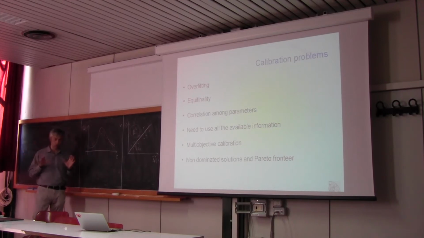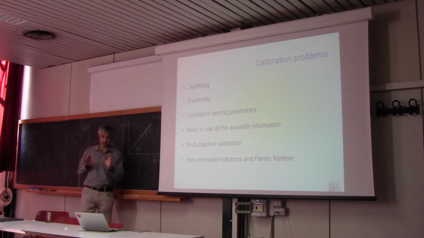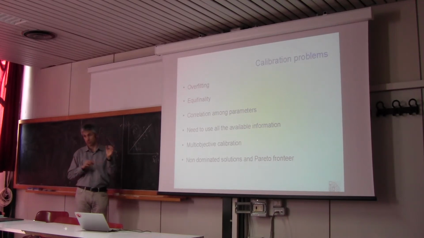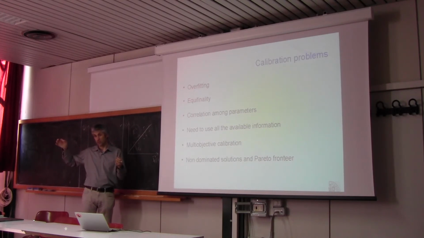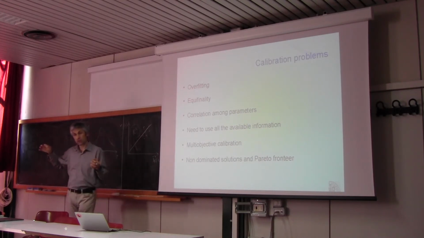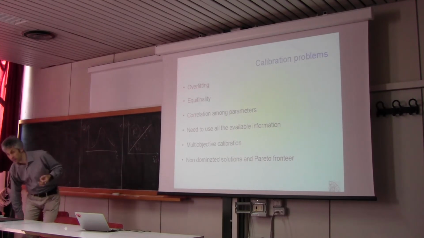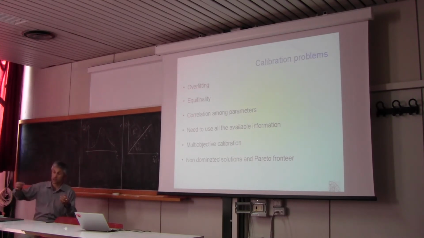First of all, you know already that you need a minimum number of observations to estimate a parameter. Let's think of the slope of a straight line. You need at least 2 observations. If you have just one, you cannot estimate the slope of a straight line. This means that there is a relationship between the number of observations and the number of parameters that you can estimate.